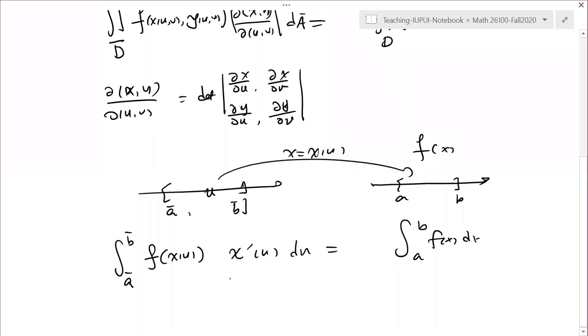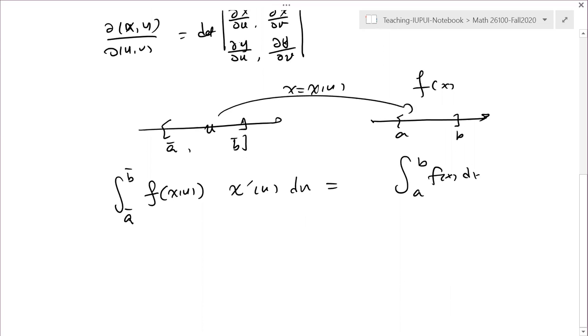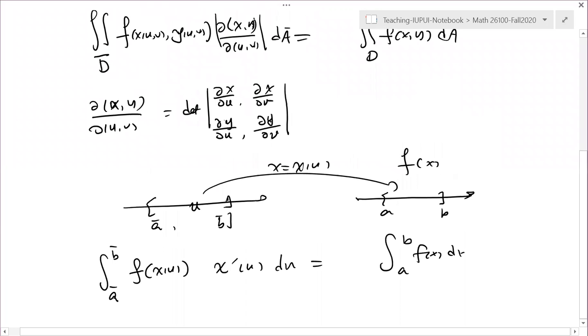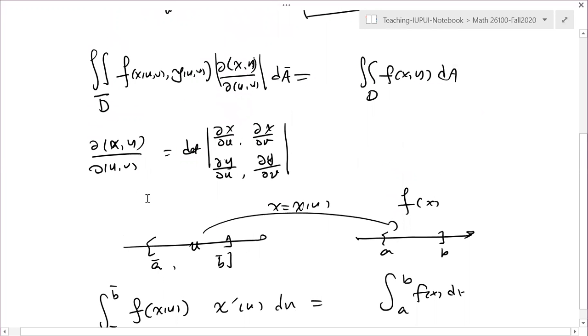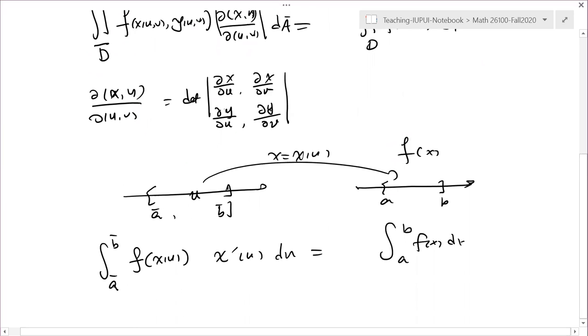That's a slight difference. With two variables, you get four partial derivatives, and you put them together to become a determinant.